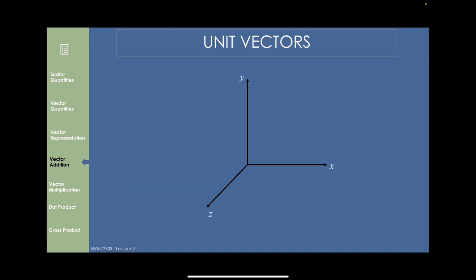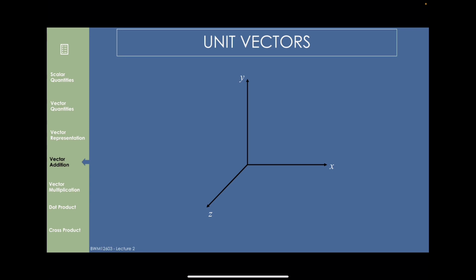Okay, now next is unit vectors. By name, unit means one, right? So a unit vector means a vector that has something which is one. That can be magnitude. Unit vectors are vectors which have a magnitude exactly equal to one, but they do not have any dimension or units.